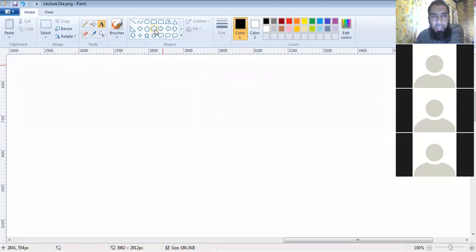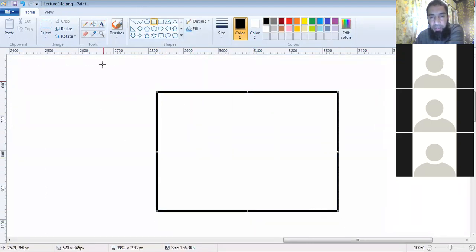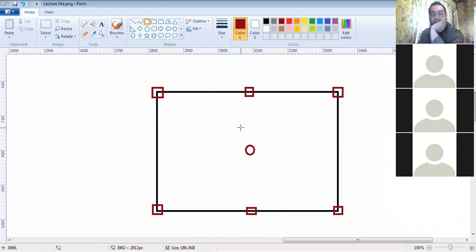Now, for example, you have a plan and you have many columns in this plan. We would prefer the central column, if it's a hall, to be a circular column.